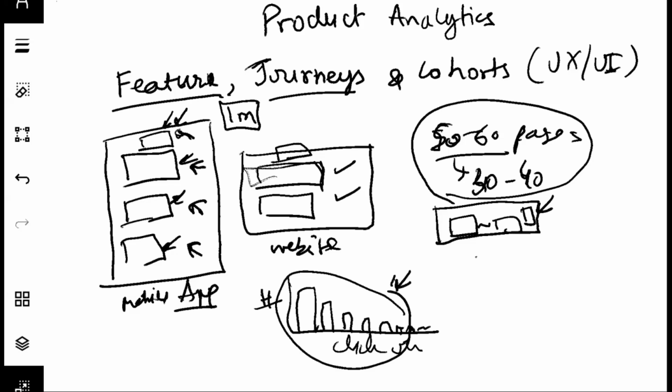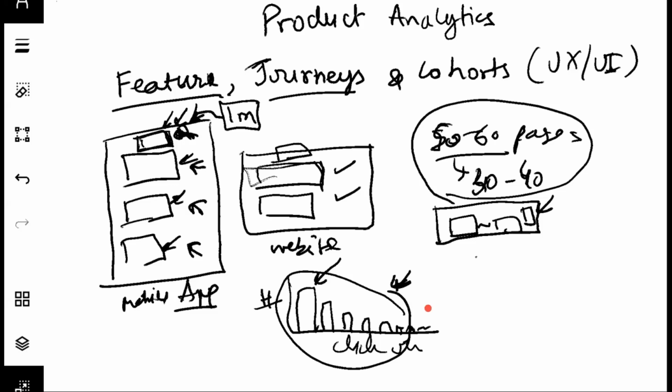Why? Because that's where the biggest bang for the buck is. If let's say 1 million people are coming in and 80% of them use the search bar, that means that search bar needs to be fairly well optimized. If it's not returning the searches the way it needs to, this is going to have an impact on your top Pareto. So that's very, very important. That would be the way you would think about which features you need to optimize.